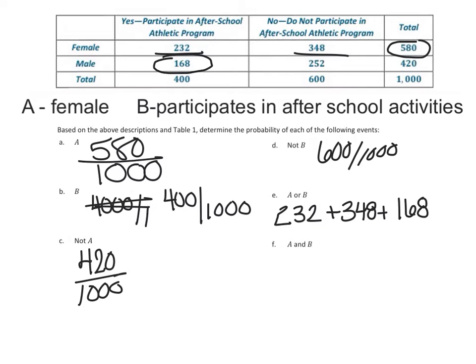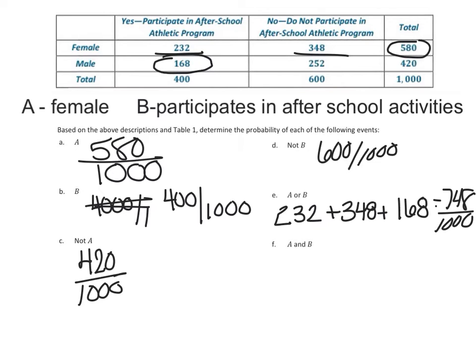Did that go too fast on where those came from? I could be female, so I added anybody in the female row. Or I could be in an after-school activity, so I added anybody in this row. I already used 232, so I didn't use it twice. I'm just adding those three numbers together. That got me a total of 748 out of 1,000.